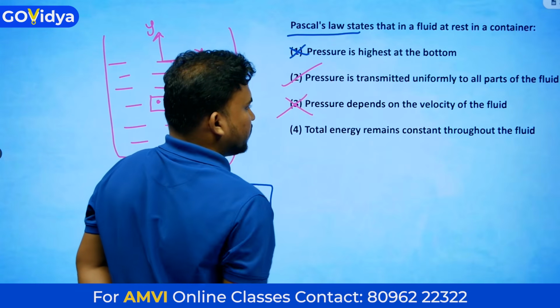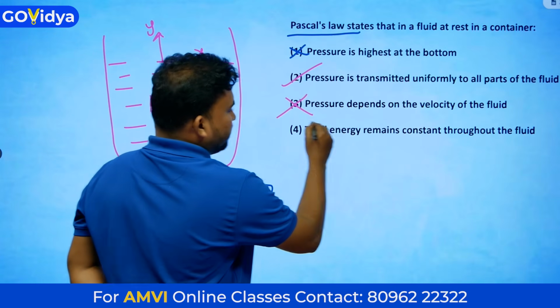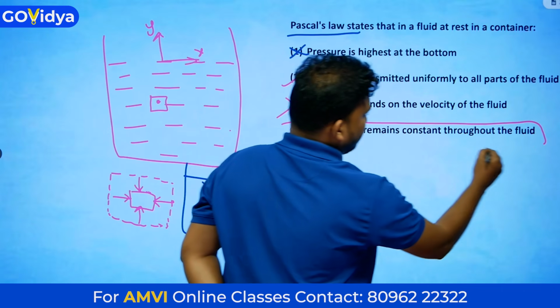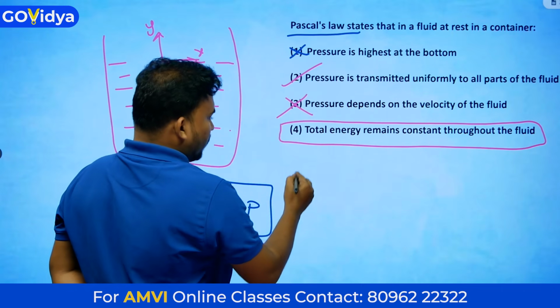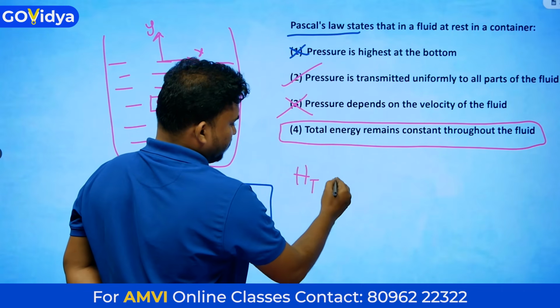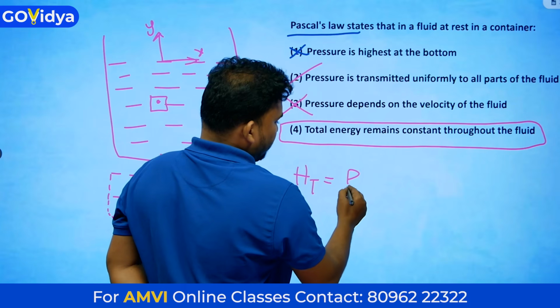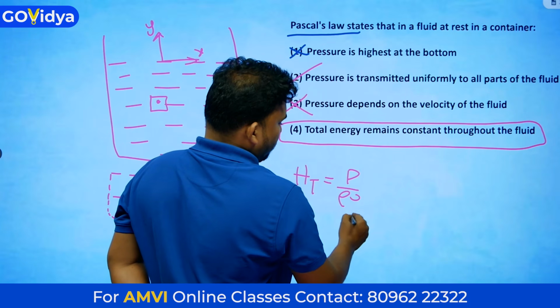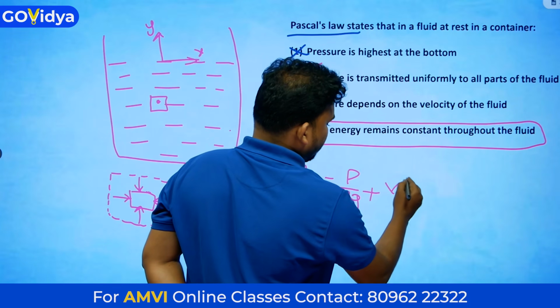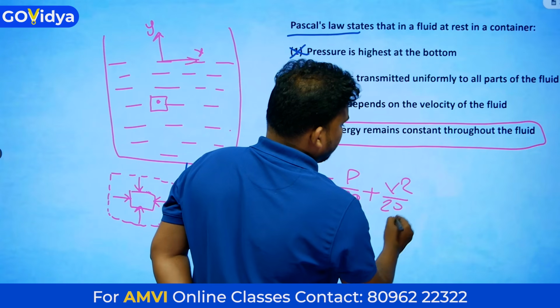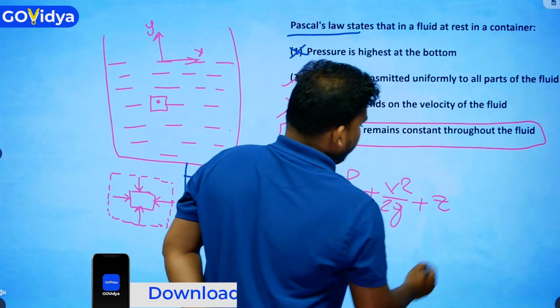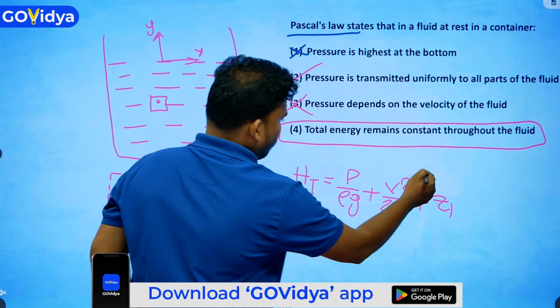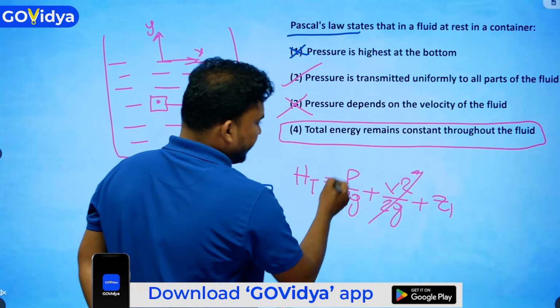Total energy remains constant throughout the fluid. See, this statement is asking about total energy, right? Total energy of the fluid contains pressure energy plus velocity head plus datum head. It is in static condition, so velocity is 0. There is only the piezometric head.